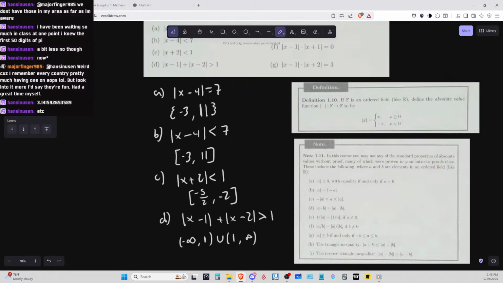Now the one thing I have to make sure of is that the range is perfect for what we have. So it's like 2 and 2.5.